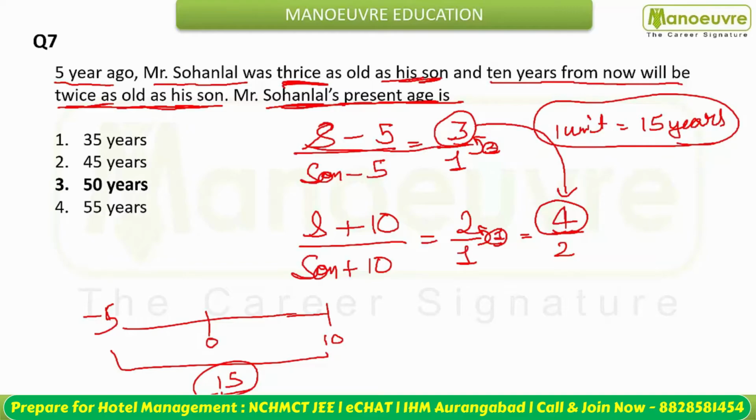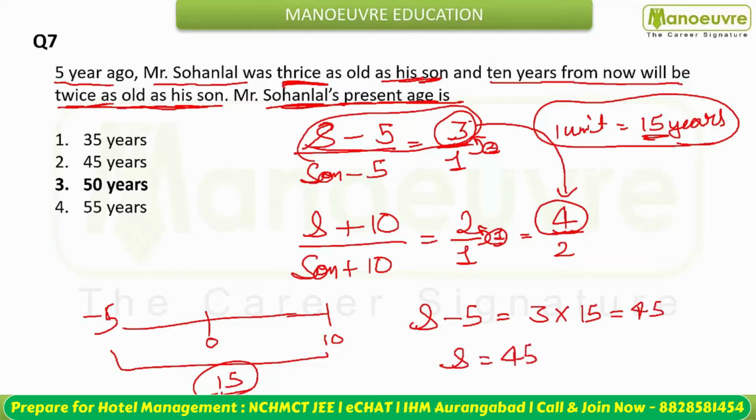I am using this one equation, that is s minus 5 is equal to 3 units. 1 unit is 15, so 3 units will be 3 into 15, that is 45. So Sohanlal's present age is 45 plus 5, that is 50 years. Option number 3 is the right answer.